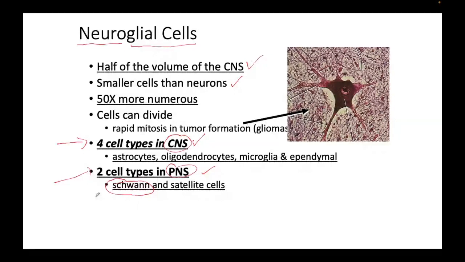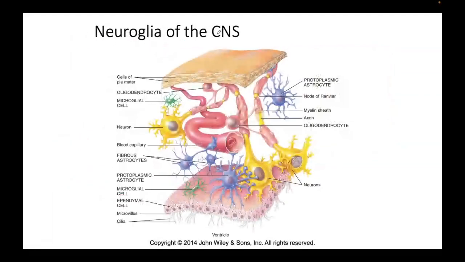So this is just looking at a general overview of so many different types of terms that we see. So up here on the top, these are cells of the pia mater. The pia mater is a layer of protection around the brain and the spinal cord.